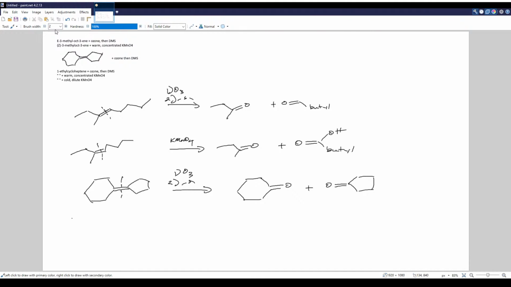Yeah. Okay. 1-ethyl cycloheptene. I hate cycloheptene. Why they gotta make me draw it? Okay. Ethyl. What is this? Ozone. Then DMS. Okay.